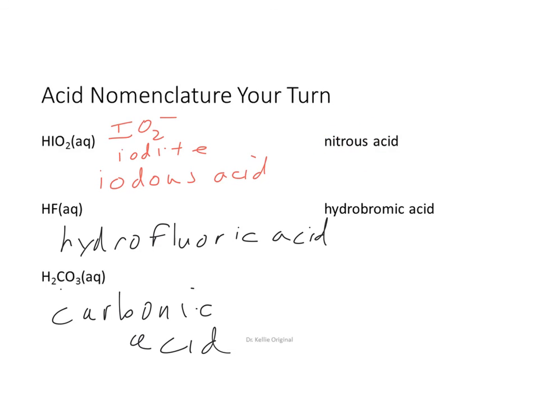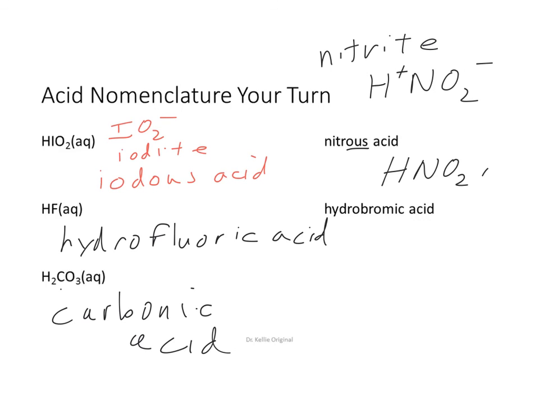No. So we know we have an oxygen-containing acid. Us comes from ite. So we have the nitrite ion, which you've memorized as NO2 negative. You need to add 1 hydrogen for every negative charge. And then you need to make sure you add that aq. So we have nitrous acid, hydrobromic. I did that on the first slide, so I hope you got it. All right, that's it. Chemistry's easy, life is hard.